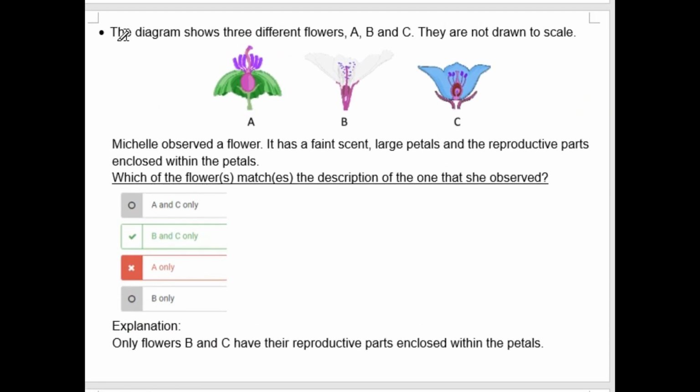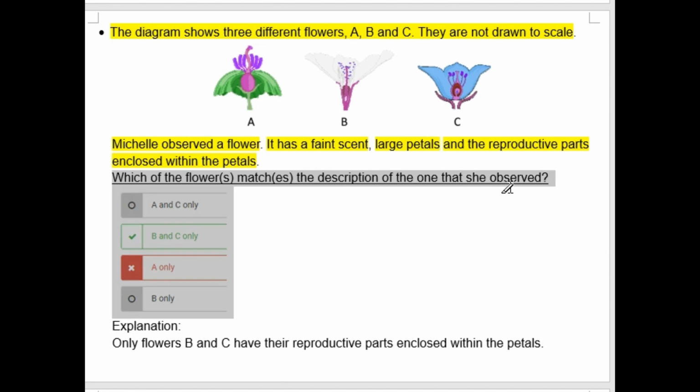The diagram shows 3 different flowers, A, B, and C. They are not drawn to scale. Michelle observed the flower. It has a faint scent, large petals, and the reproductive parts enclosed within the petals.